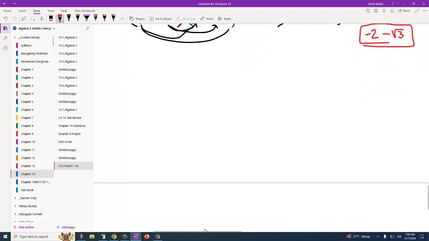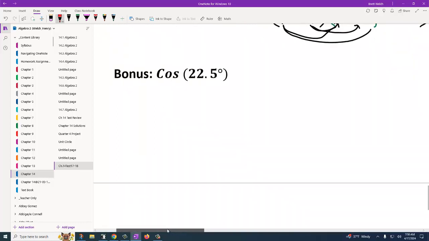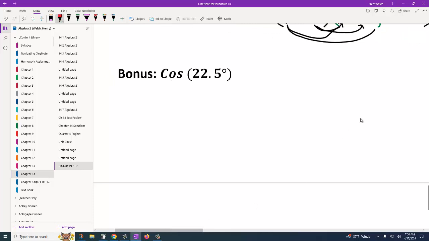The last thing we have is the bonus problem, which is the cosine of 22.5. This is a half angle identity, which makes it the cosine of 45 over 2. 45 is the A value.